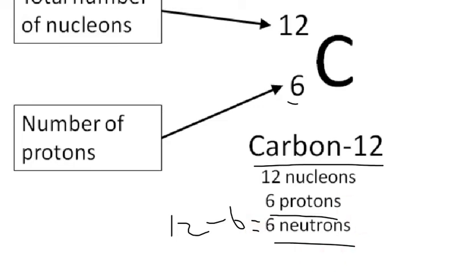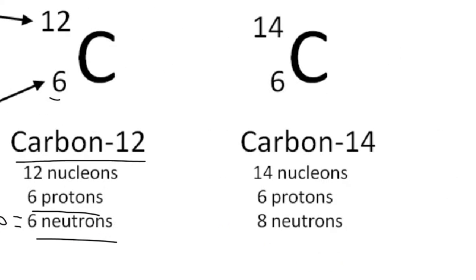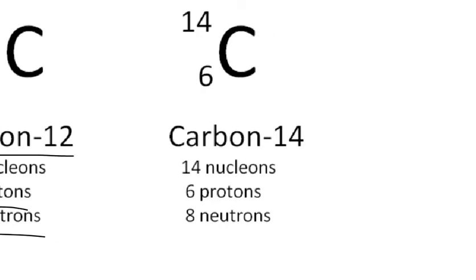Second example is carbon 14, which is a different isotope of carbon. It has a different number of neutrons. In this case, still 6 protons. If you change the number of protons, you change the element.